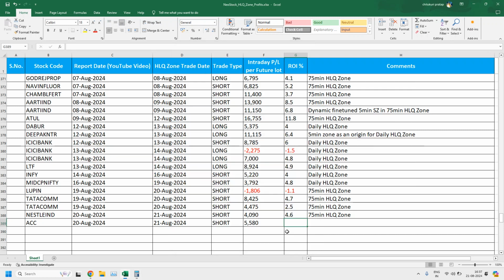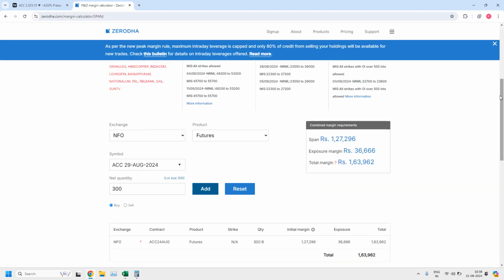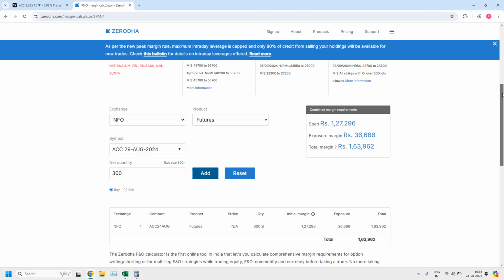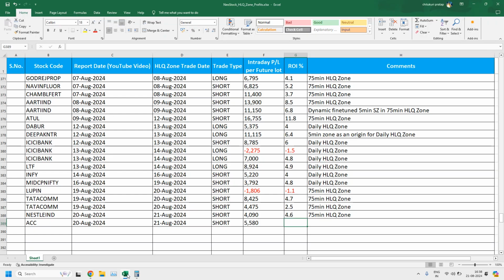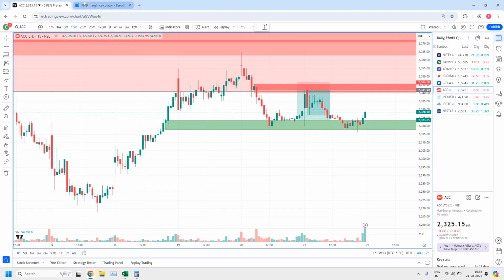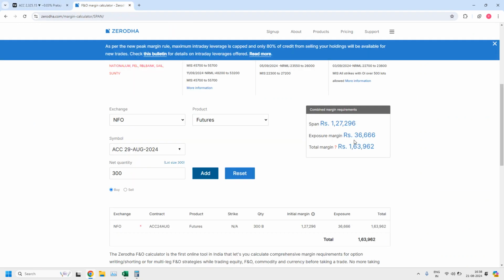And what is the ROI? See, you would have taken a trade here. Now prices closed here, so from the existing value I need to add some additional amount for the ROI. Whatever the ROI is here, this is the one at the time of closing, 1,63,962. If I add this, your ROI will increase.